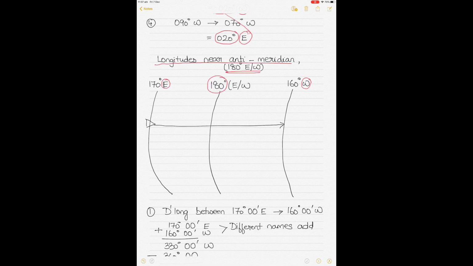So if the vessel was traveling from 170 degrees east towards 160 degrees west, you can see that although it's traveling from an eastern longitude to a western longitude, the direction of travel, if you imagine it the way I've drawn it, in this case is easterly.